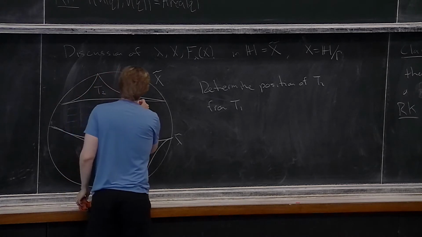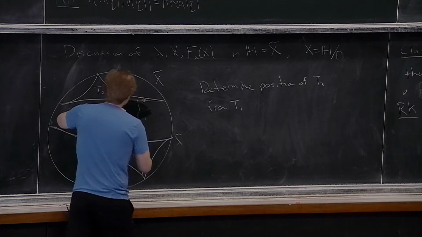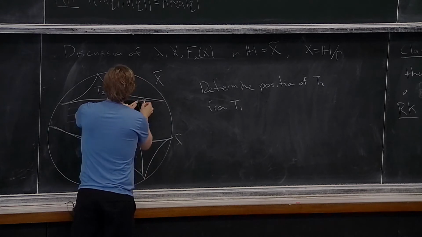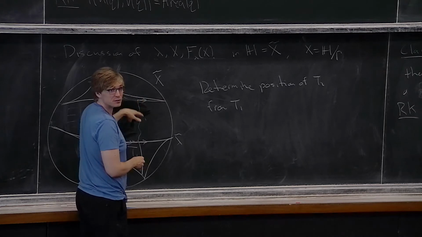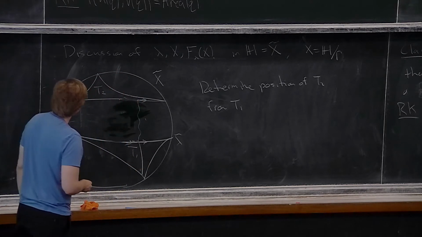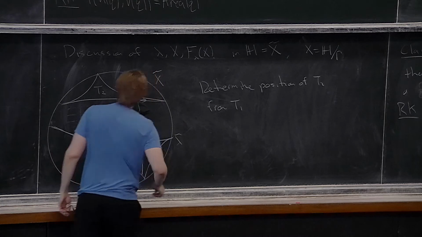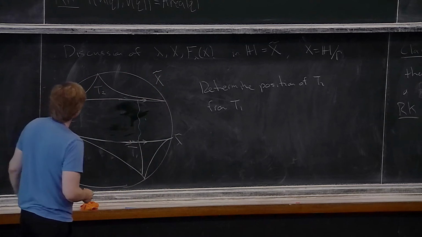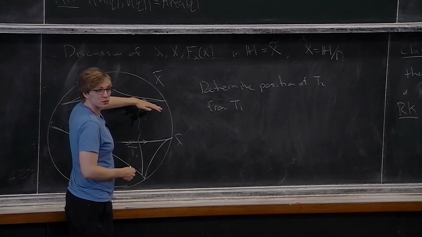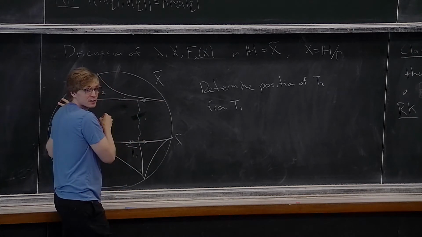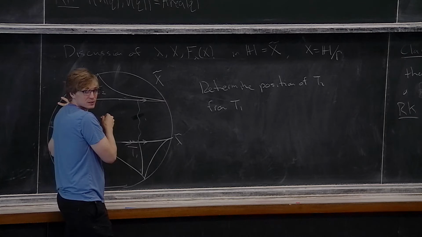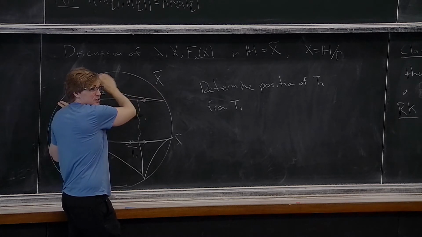Then I get this vector, which is just defined to be the vector tangent to T2 that I get from following the leaf. This vector doesn't quite determine T2. T2 has three vertices at infinity, and it determines two of them, but I could shift this, and it's not determined.